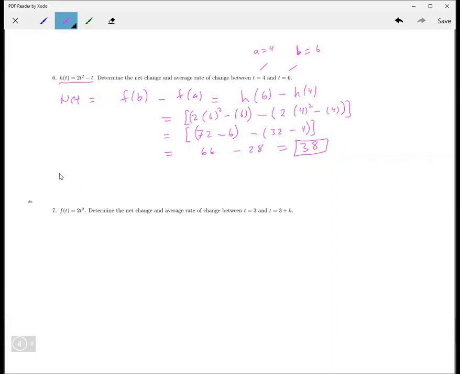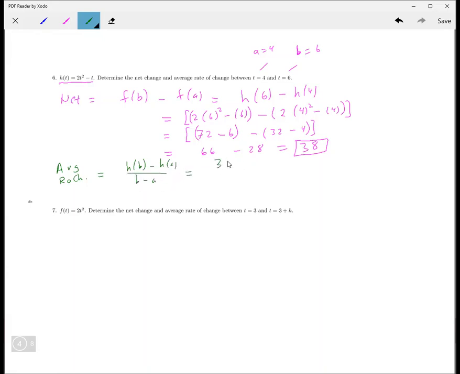For the average rate of change, the average rate of change would be h of b minus h of a over b minus a.